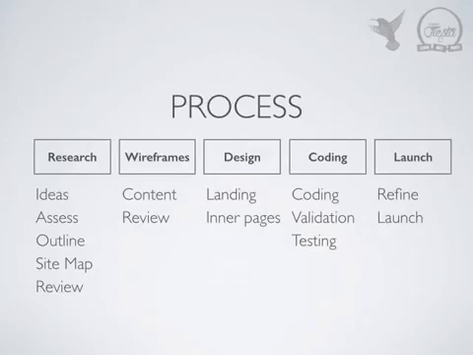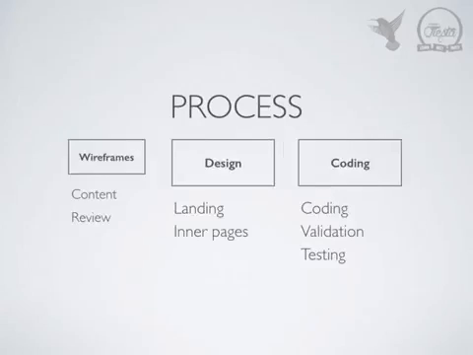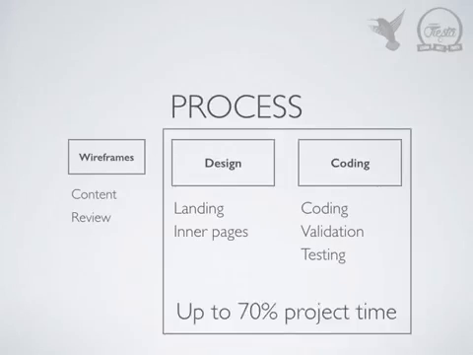From all these steps, I would like to highlight 3: wireframing, designing, and coding. And I would like to focus attention on designing and coding in general, because this is what takes up to 70% of all project time.